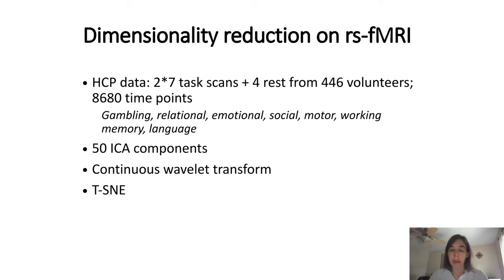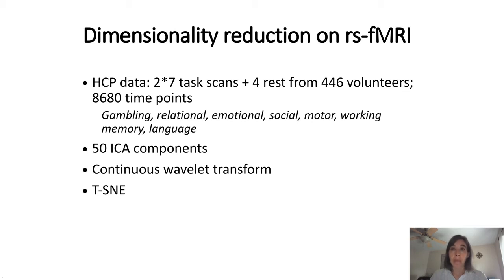So what we actually did is to take all of the HCP data, including the task scans and the rest scans. We had 446 volunteers from the data set we used, and each of those had 8,680 time points. To reduce the spatial dimensionality, we ran independent component analysis and took 50 components from that ICA.